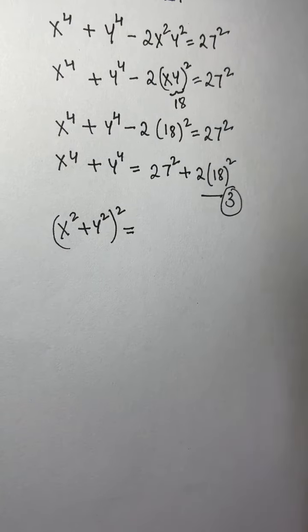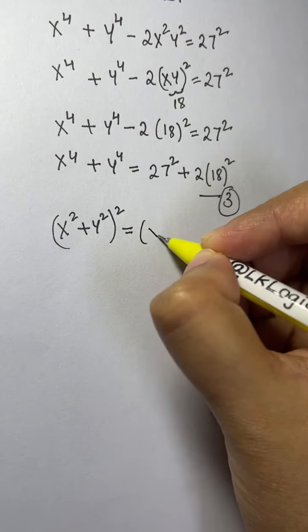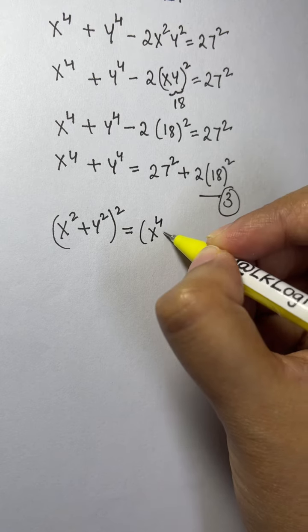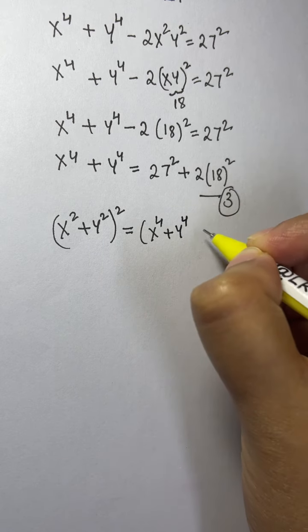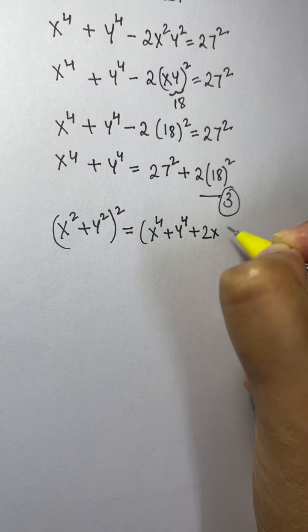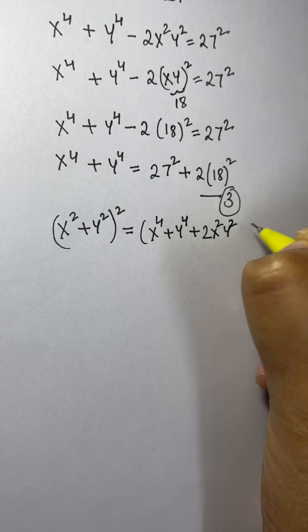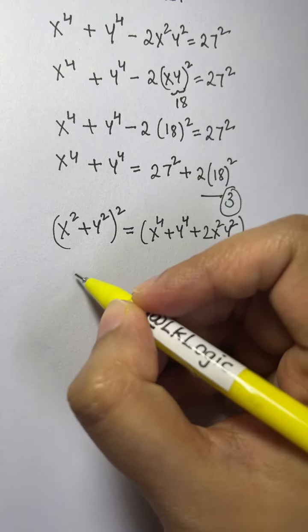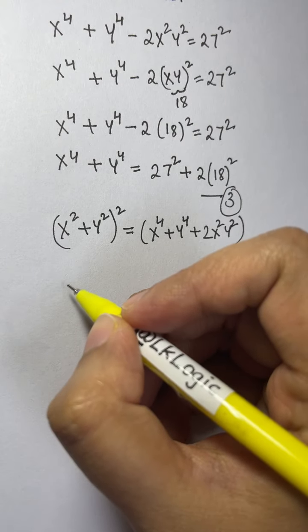So let's write that down. What is that? We have x square, that's x to the power of 4, plus y to the power of 4, plus 2 x square y square. Is that right? Yes.